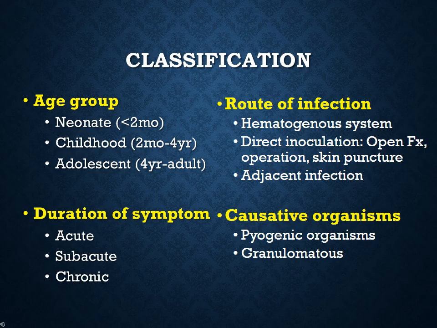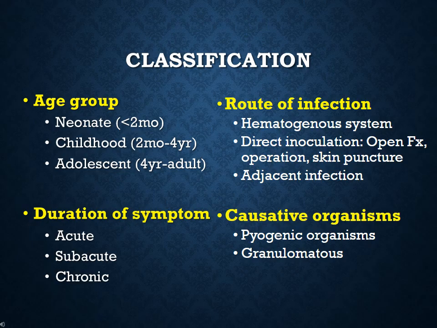According to the route of infection, osteomyelitis may be hematogenous, where infection reaches the bone through the bloodstream; direct inoculation, following open fractures, surgical procedures, or penetrating injuries; or secondary to adjacent infection due to spread from nearby soft tissues or joints.